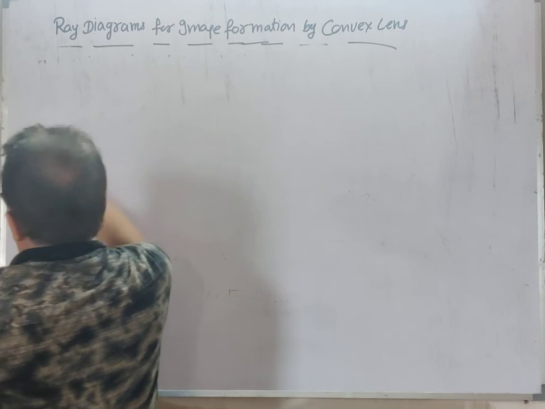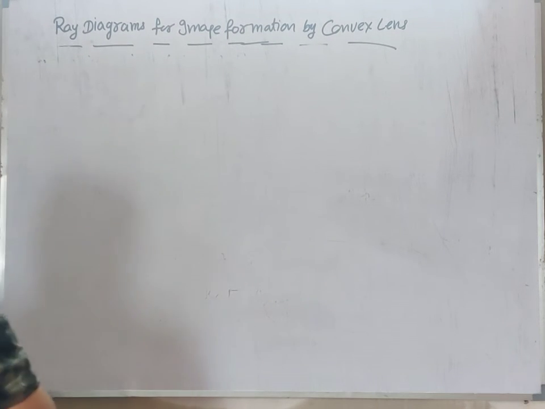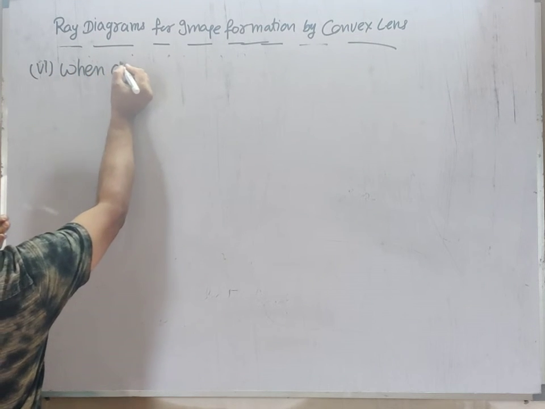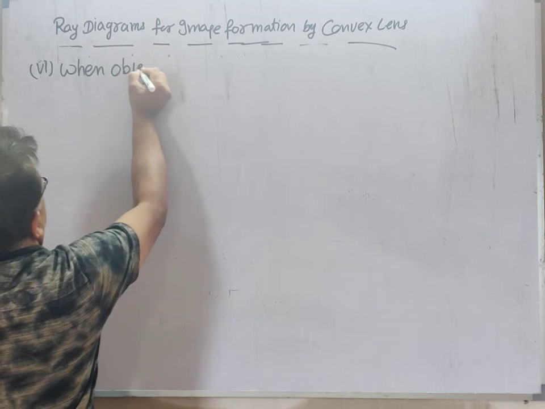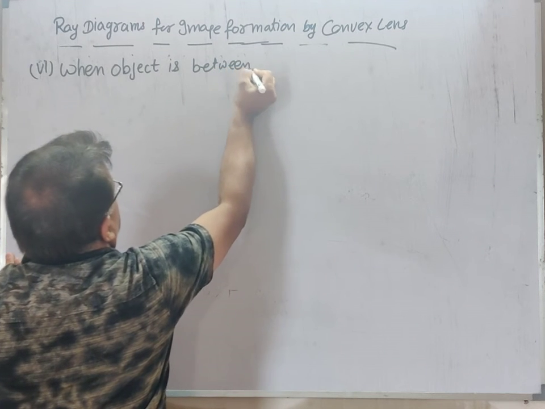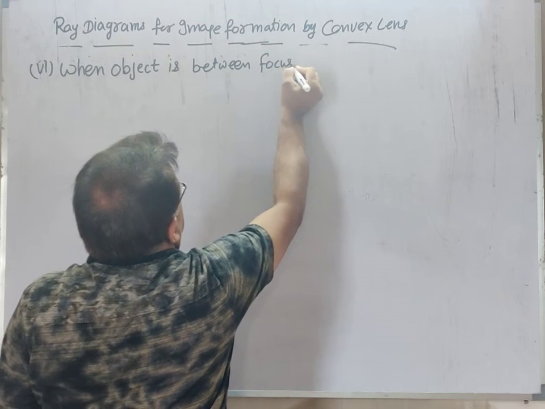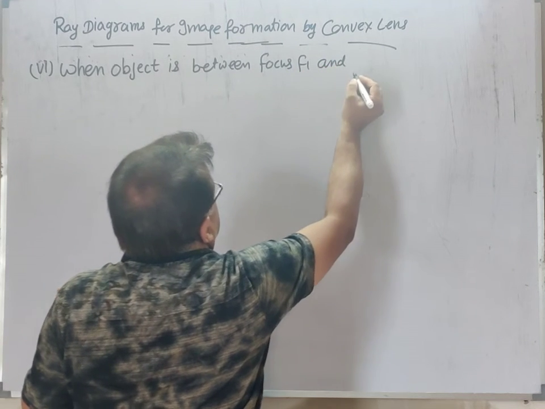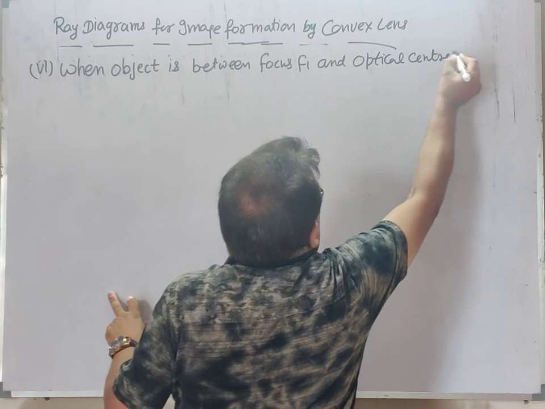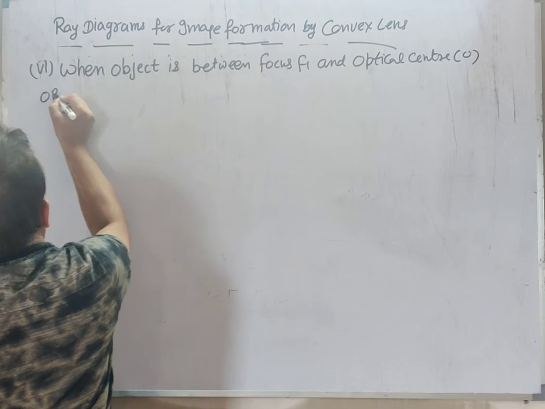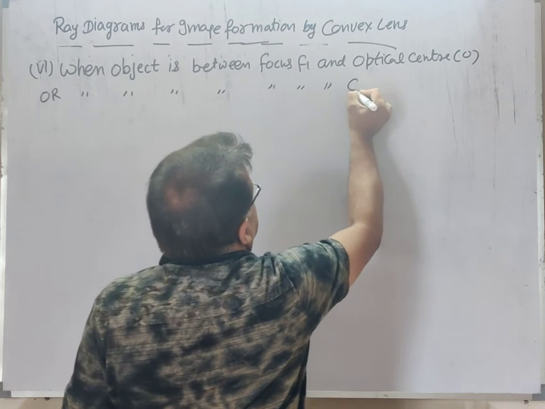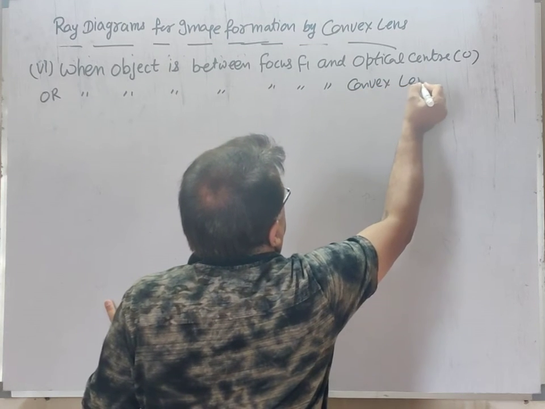Sixth is when the object is between focus f1 and optical center O, that is, between focus f1 and the convex lens.